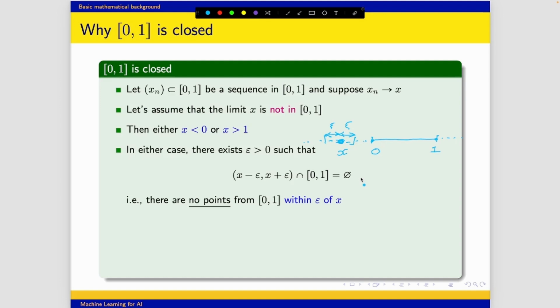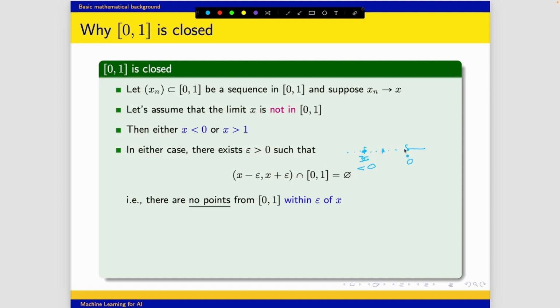So the simplest way would be to say, okay, this is the value 0, and our point x is, let's say, here. It's less than 0. So this x is less than 0. So there's a positive distance from 0 to x. Well, we just pick the midpoint value there.